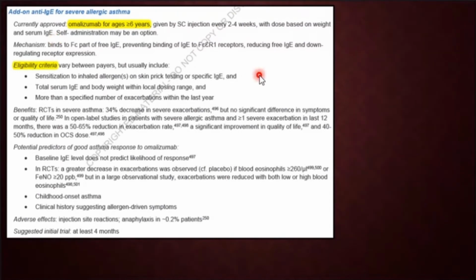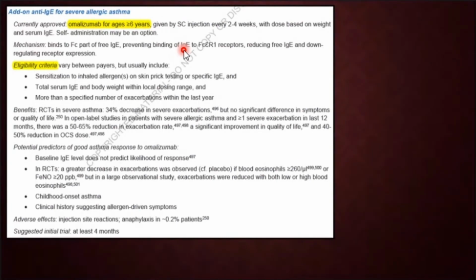Okay. So basically, it binds to the Fc portion of free IgE and prevents the binding of IgE to its receptors, reducing the free IgE and therefore downregulating the receptor expression, because what we know is that once IgE binds to receptors, it then activates the mast cells, and that is where the problem arises.